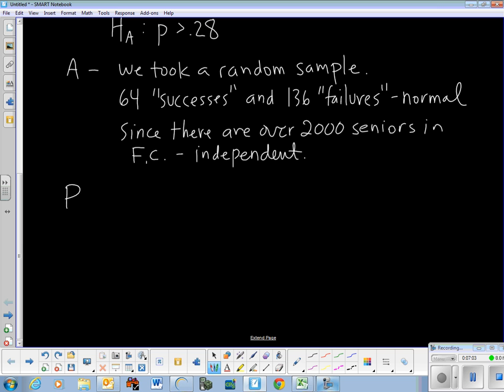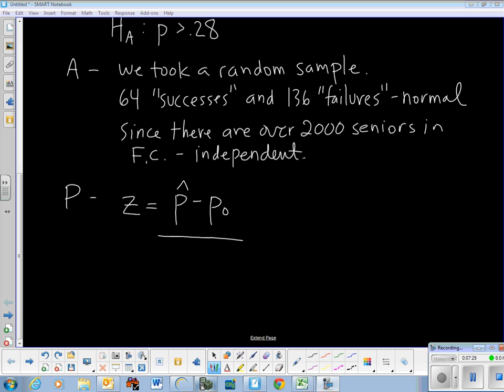It's just that this z-statistic has a different standard deviation. You should see some similarities in this and your old z-score formula, but z equals p hat minus p naught. All right, so p hat is my sample proportion. P naught is my null hypothesis proportion.